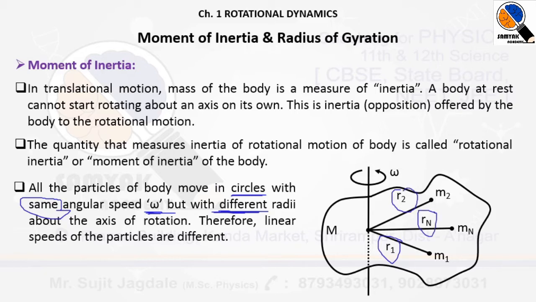That results in a change in linear velocity, that means the linear speeds of each particle are different as the radii are different. In order to calculate this linear velocity we have to use the relation v equals r omega. Already we have seen this relation. V is linear velocity, omega is angular velocity. So here v is equal to r omega, which is the relation between linear velocity and angular velocity.